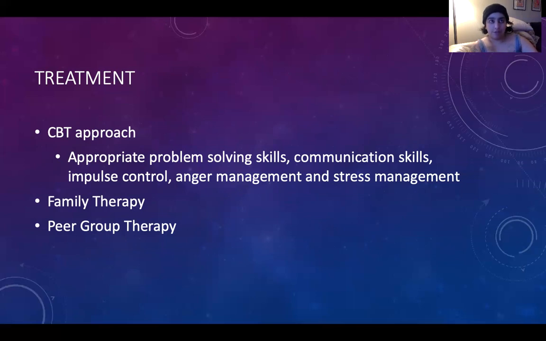For example, having a grief support group for losing a loved one, or having a support group if you're a person with a disability or a newly onset disability, finding a support group of people who are in the same position and building those connections and having that support.